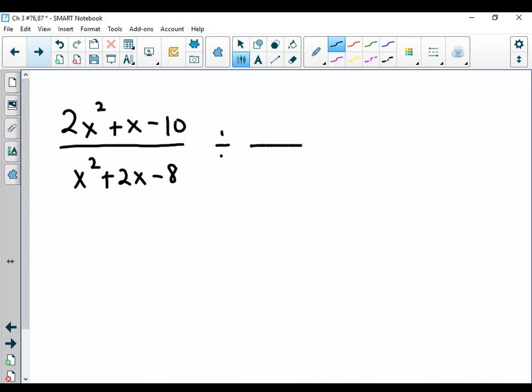And we're going to divide that by 4x squared plus 20x plus 25 over x plus 4. So you're trying to find the quotient for that one. So again, think about factoring.